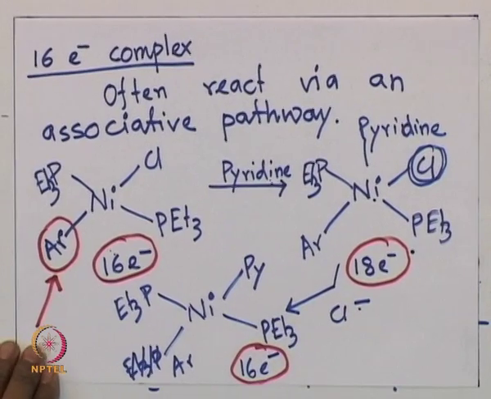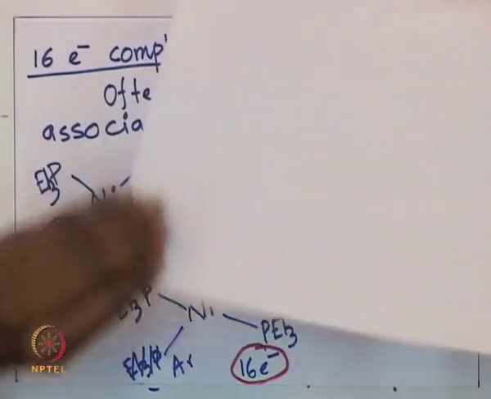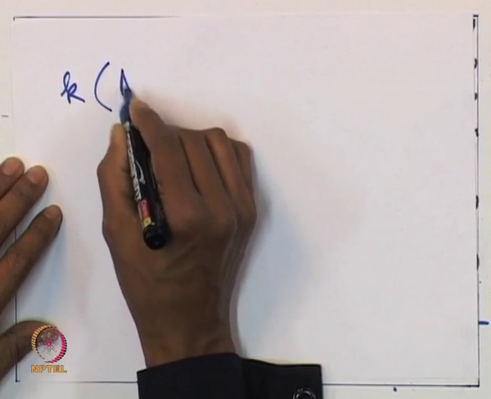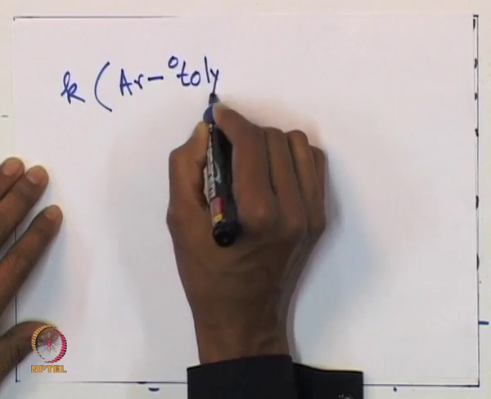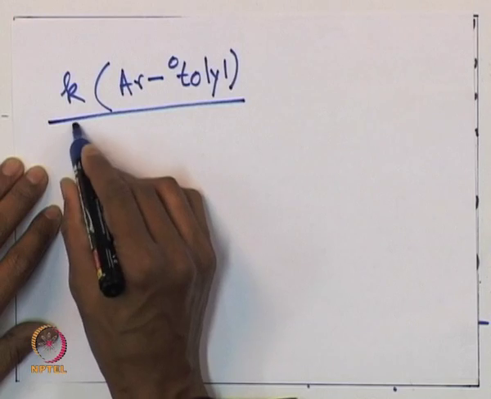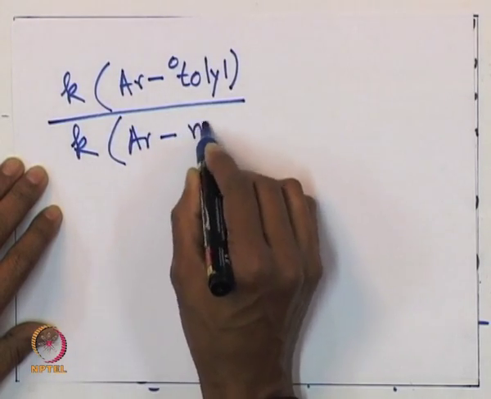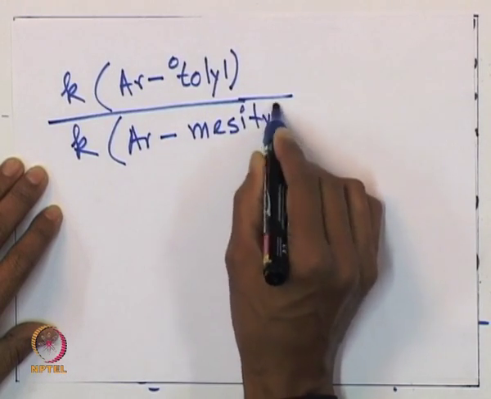Now, if you substitute this aryl group with different sterically demanding groups, for example, if you have that aryl group as tolyl, meaning the ortho position will have a methyl group, the rate of that reaction compared to when the aryl group is mesityl, that means the 2,4,6 trimethyl complex.